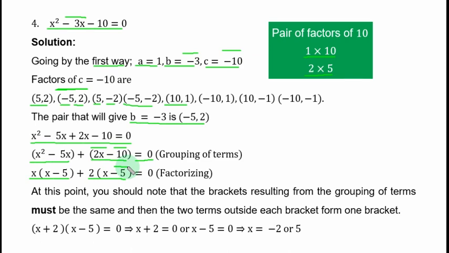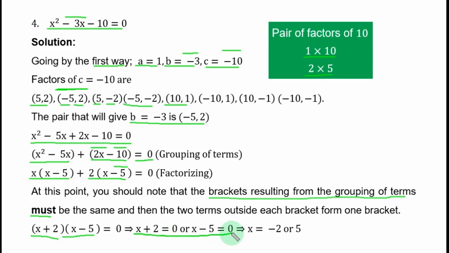At this point, you should know that the brackets resulting from the grouping of terms must be the same. It is a must. So you can see s minus 5, s minus 5. When you factor it out, you have s plus 2 in one group and s minus 5 in the other group. So you equate each bracket to 0.